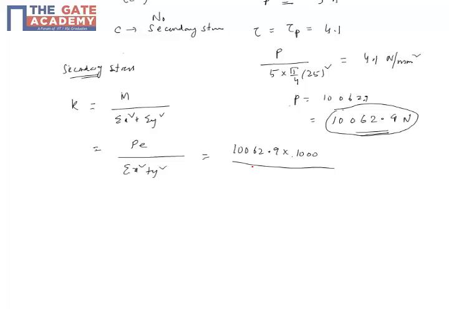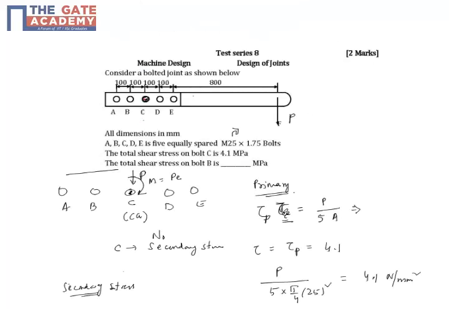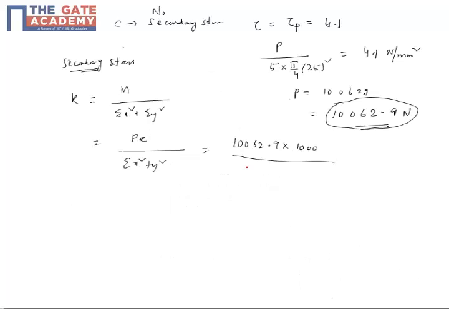Now the distances from the CG: A is 200, B is 100, D is 100, and so on. So the sum is 100 squared plus 200 squared plus 100 squared plus 200 squared. When I get this value, the secondary shear force constant comes out to be 100.629 Newton per mm.